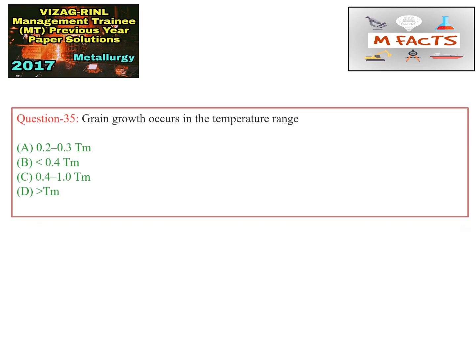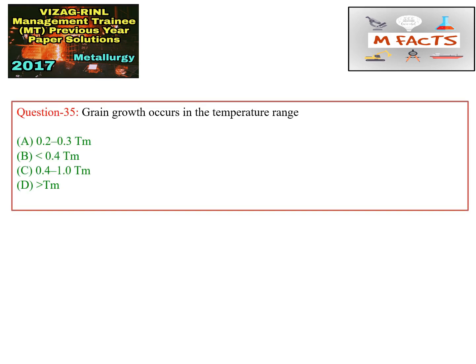So the next question is, grain growth occurs in which temperature range. They have given a few temperature ranges. This is basically how we represent the recrystallization temperatures, and I will tell you what the recrystallization temperature is for pure metal and impure metal. This grain growth actually refers to the increase in average grain size.